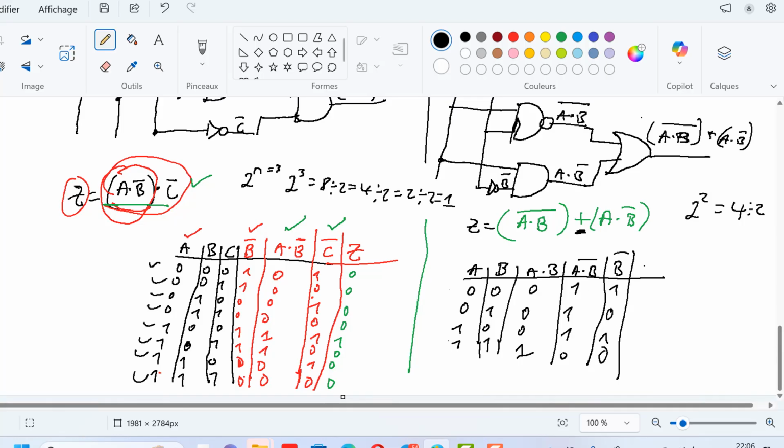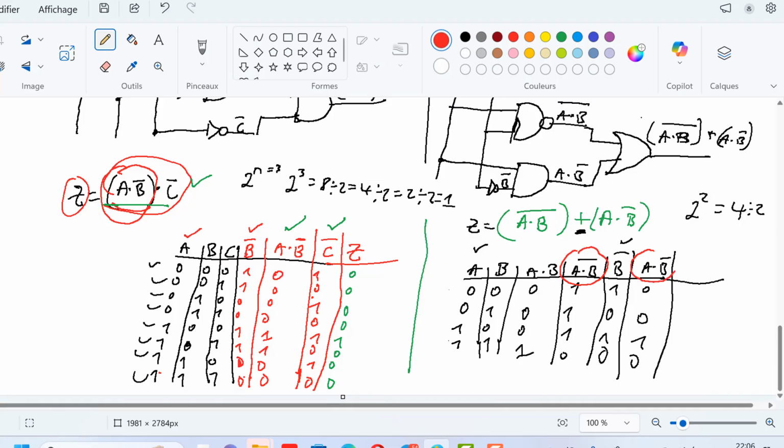So now since B bar is there and A is there, it means that you can solve A dot B bar. So you are doing a normal AND gate, but between the column A and the column B bar. So we analyze it together. So 0, 1 makes 0. 0, 0, 0. 1, 1 makes 1 here. 1, 0 makes 0 here.